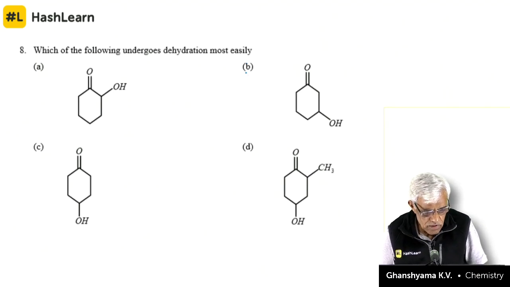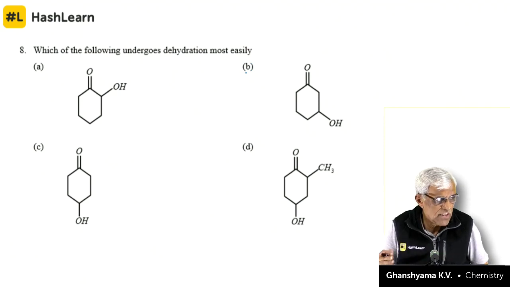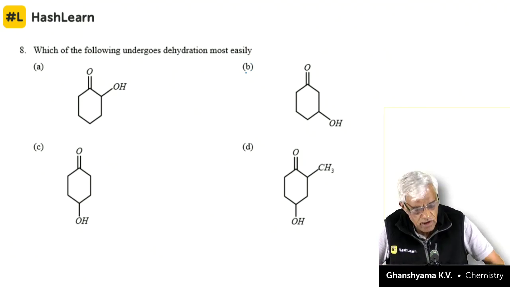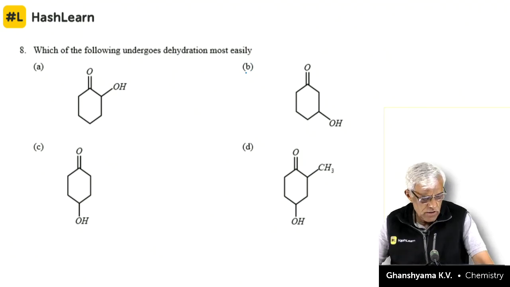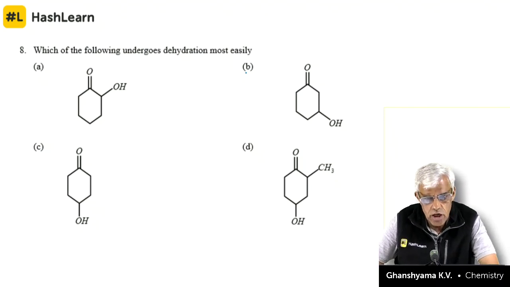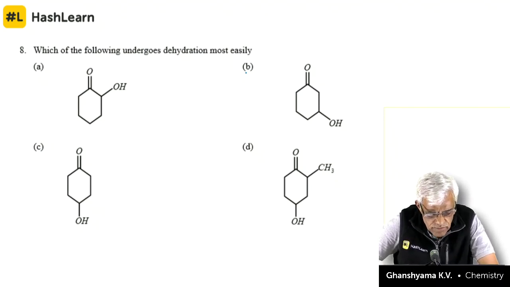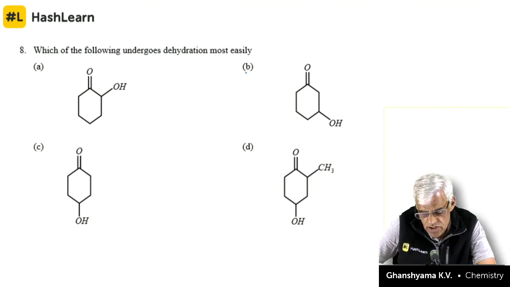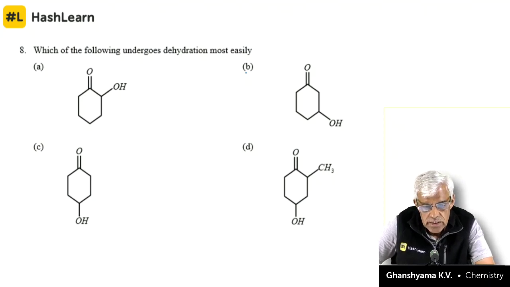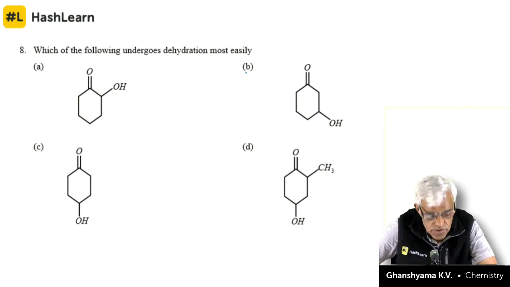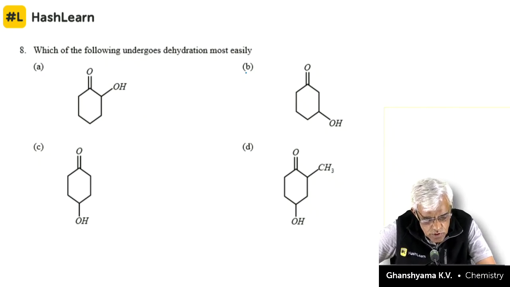Okay. The last question for today, that's enough because it's already time up. I would like to go to phenols. Which of the following undergoes dehydration most easily? Can you give me the answer for this?